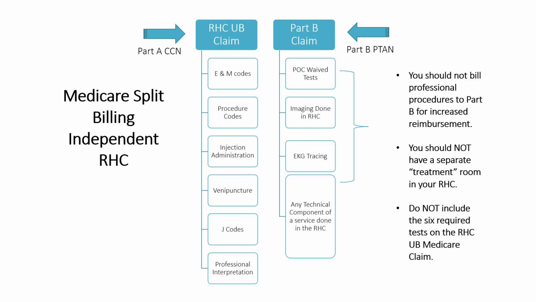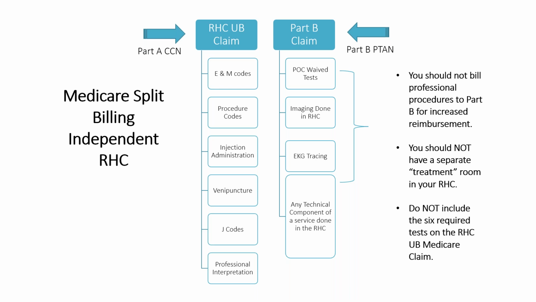And do remember that your 6 required tests are separately payable through split billing. Probably twice a week, someone will show me a claim example and they have the 6 required tests rolling up on their UB claim. There are a couple of reasons why that's not the correct way to do it, but just know that even the 6 required tests are separately billable.